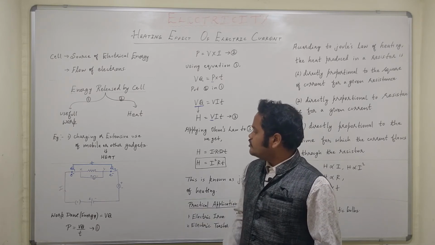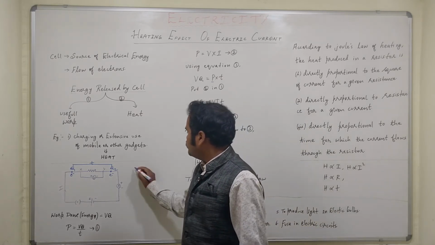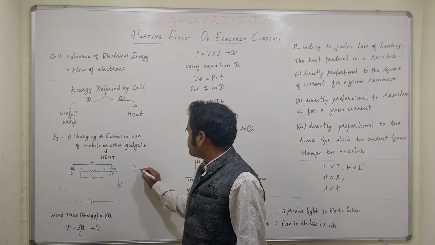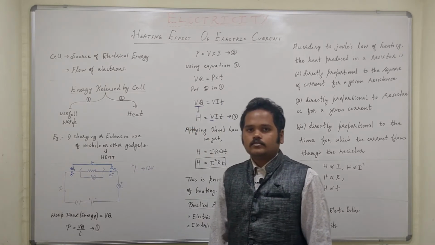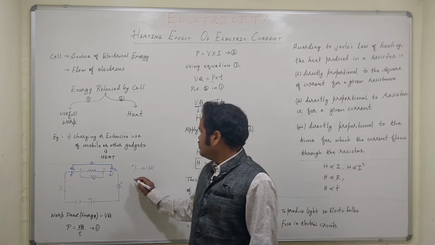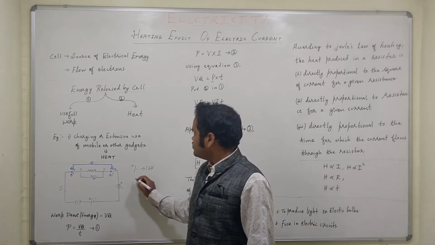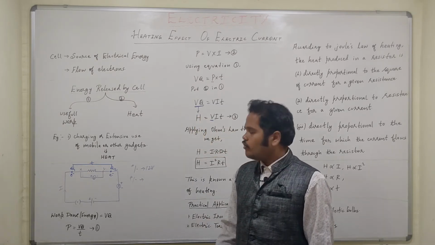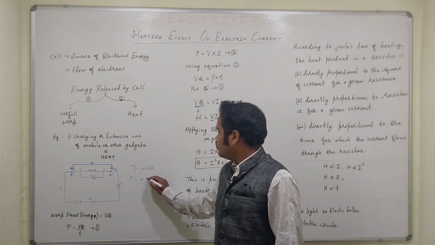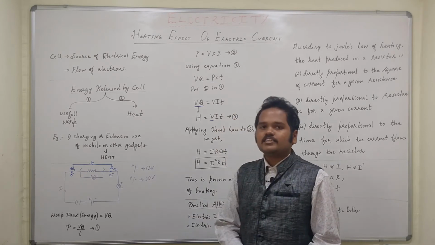Let us say the voltage of this battery is 12 volts, or the cell. Now let us increase the power of the cell. The power of cell, let us increase from 12 volt to 20 volt. This is just imaginary values.